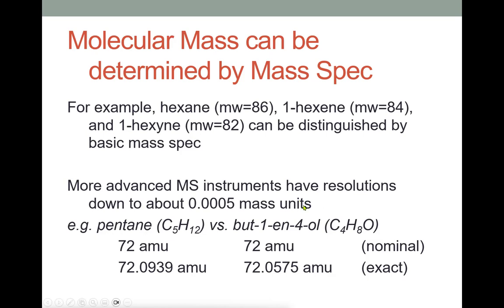As an example here, both pentane and this sort of complex alkene alcohol molecule have the same nominal mass. You and I would add it up and say it's 72 atomic mass units. But if we use all those decimal points that we sort of tell you to ignore in Gen Chem sometimes, we can see that they are different by a couple hundredths of an atomic mass unit. Mass spec can see that.